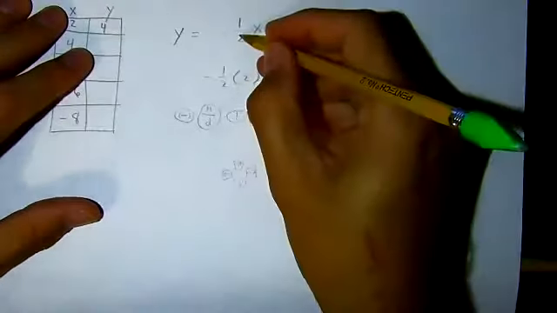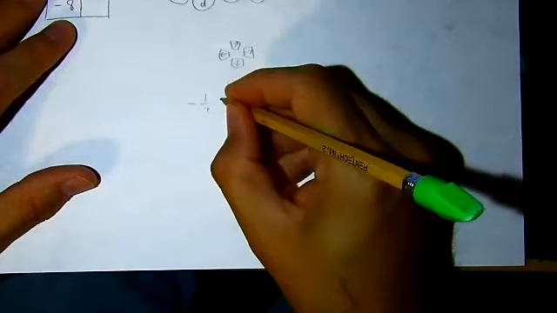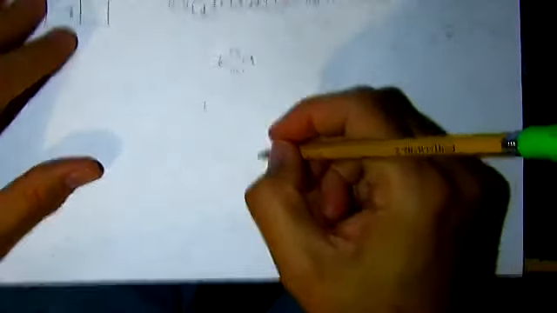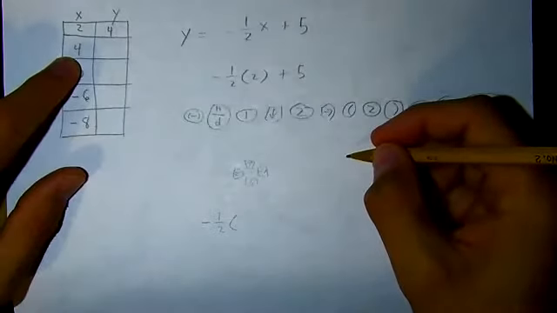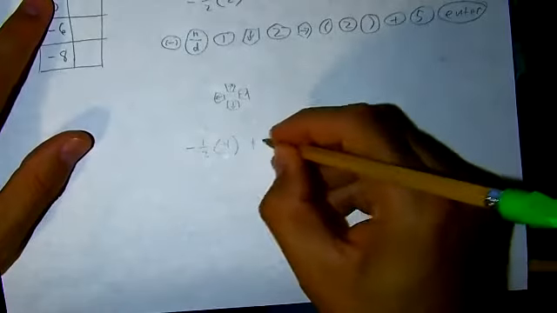I'll do one more with you, and then I'll let you do the other 3. So go back to our original formula, negative 1/2, parentheses. This time we're entering a 4, parentheses, plus 5.